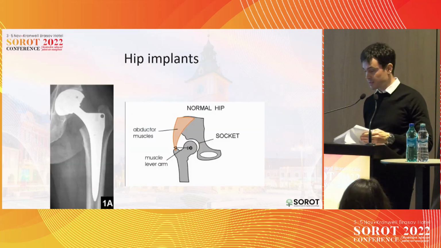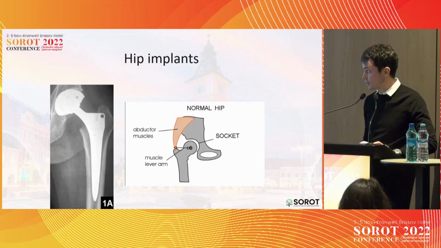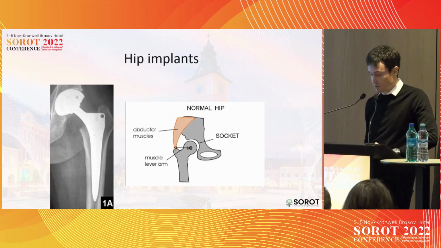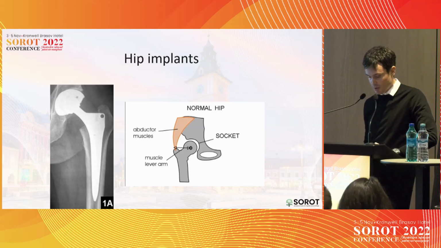So about the implants, I put out the hip and the shoulder implants. Regarding the hip implants, there are some aspects to be familiar with. The rigidity depends on the length and radius of the femoral stem. So placing the femoral component in neutral or slight valgus reduces the moment arm and stress on the cement.